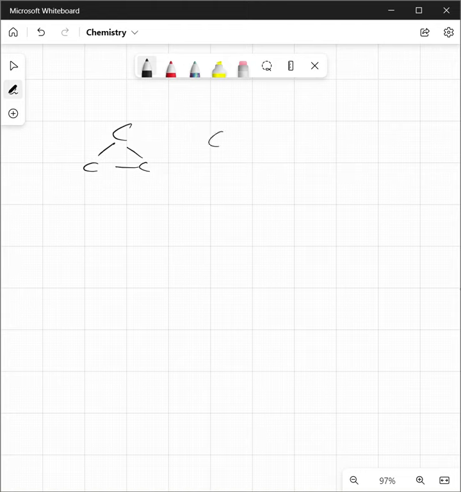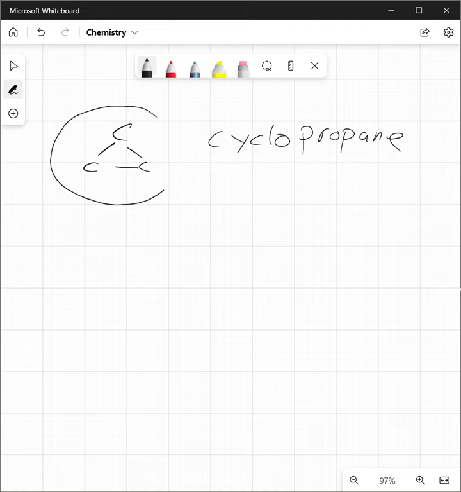So that is cyclo: 3 carbons with single bonds, cyclopropane. So cyclo is when it's 3 carbons with a single bond, right? No, cyclo is anytime it's a ring structure, when the carbons have bound back to themselves to give you a ring. It doesn't have to be 3 carbons.